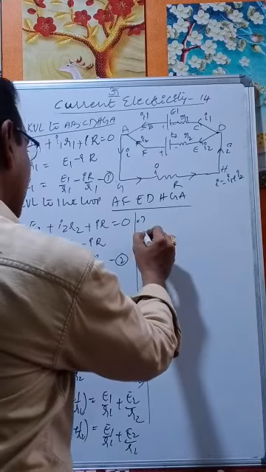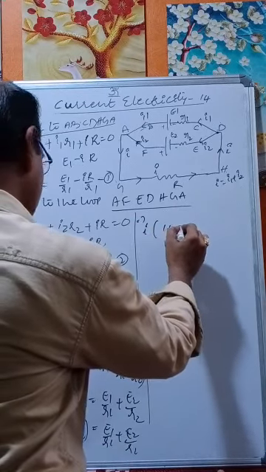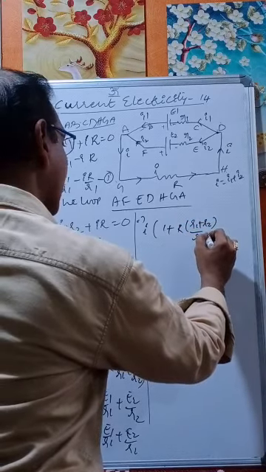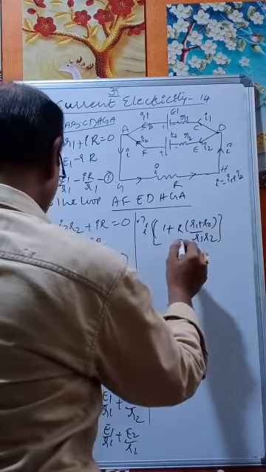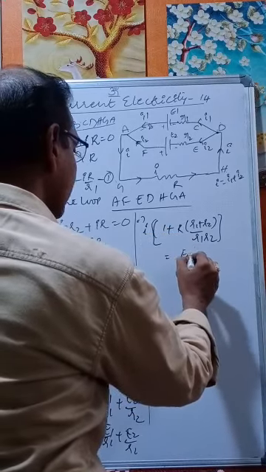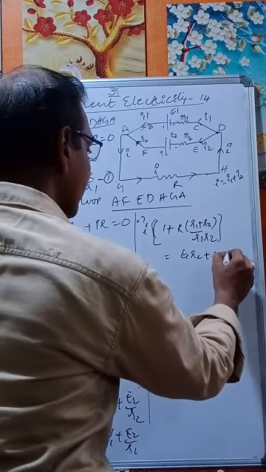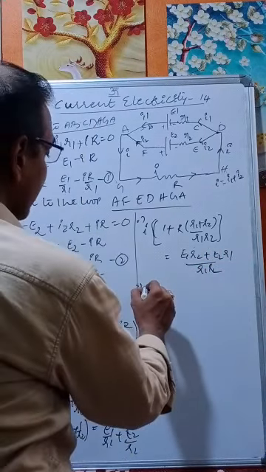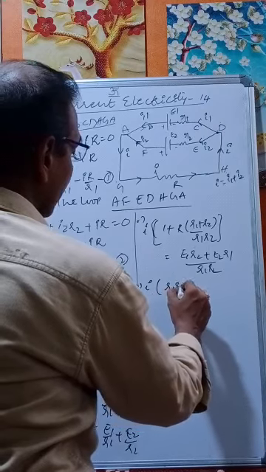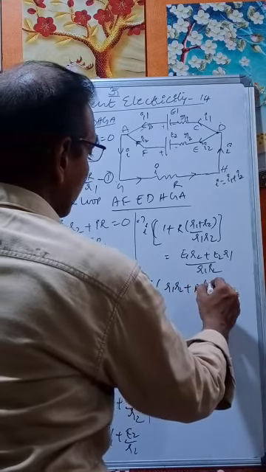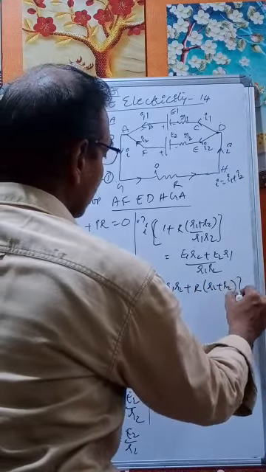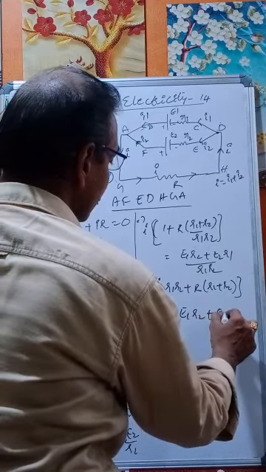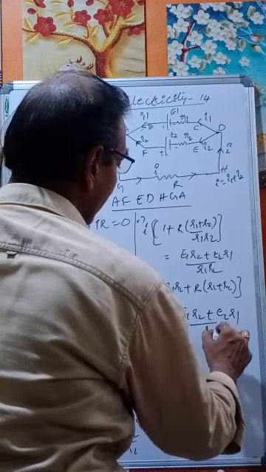This implies I into 1 plus R into R1 plus R2 by R1 R2 is equal to E1 R2 plus E2 R1 by R1 R2. Take LCM. This implies I into R1 R2 plus R into R1 plus R2 is equal to E1 R2 plus E2 R1 by R1 R2.